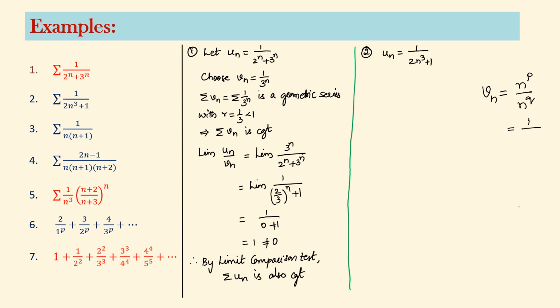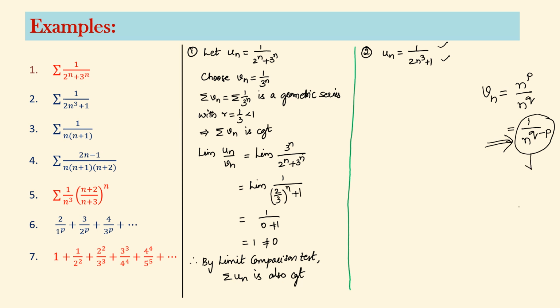If I write both in the denominator, I'll get 1 by n power q minus p. So we will choose Vn like this, by considering the highest power of n in the numerator and in the denominator and simplifying it. This will be our Vn.